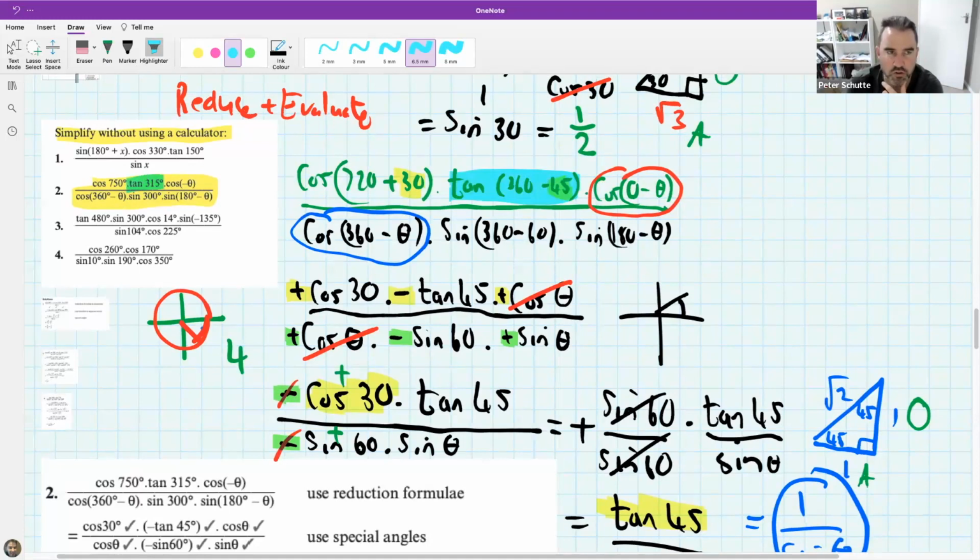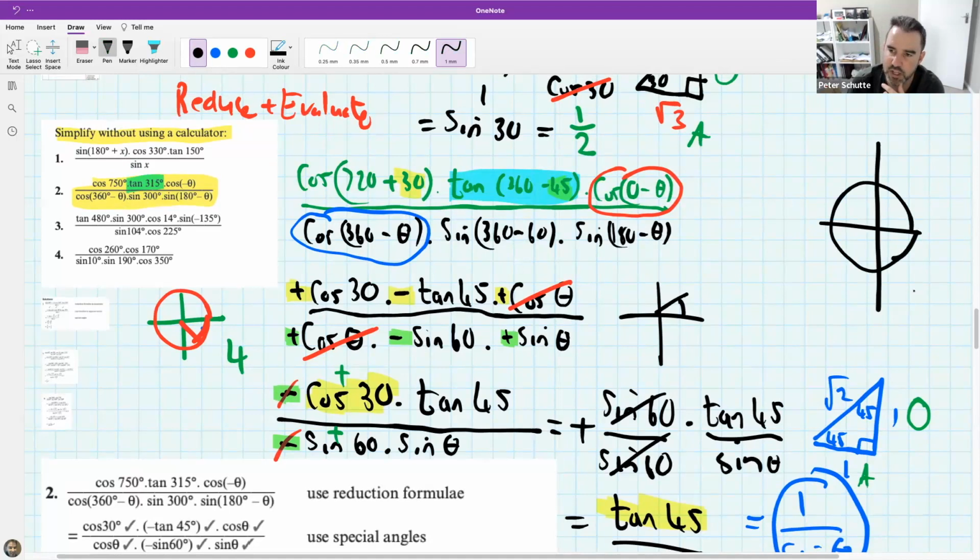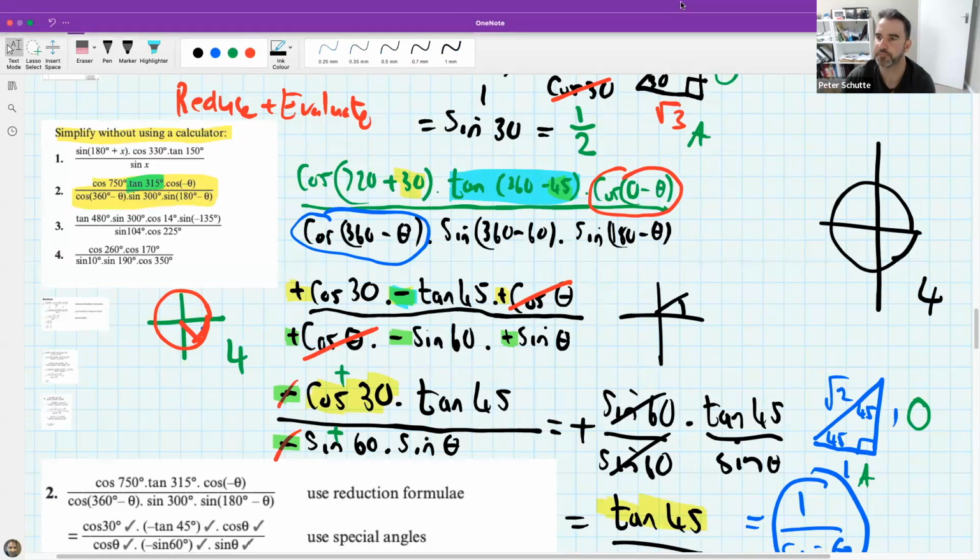Now, what quadrant is that angle going to be in? So if you think of 360 minus 45, I'm going to be in quadrant 4. Is tan positive or is tan negative? Tan must be negative in this quadrant. That's why there's a negative here. Does that help, Emmanuel? And does that help, Tato?